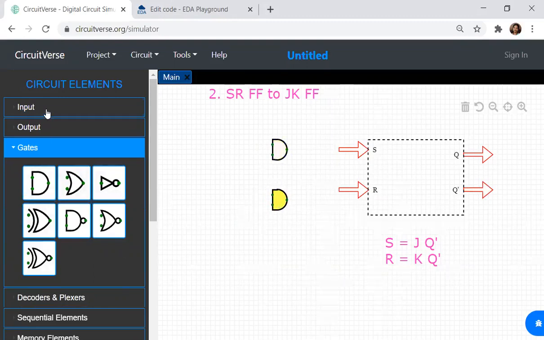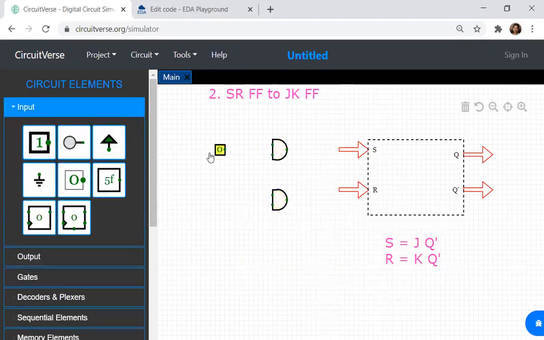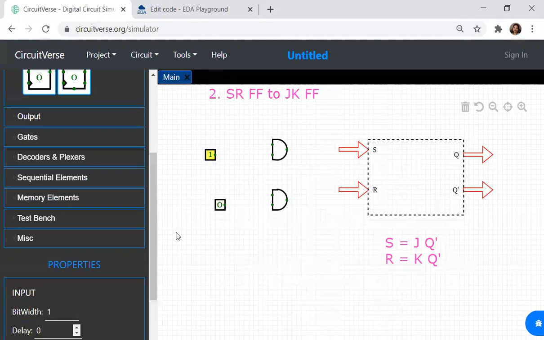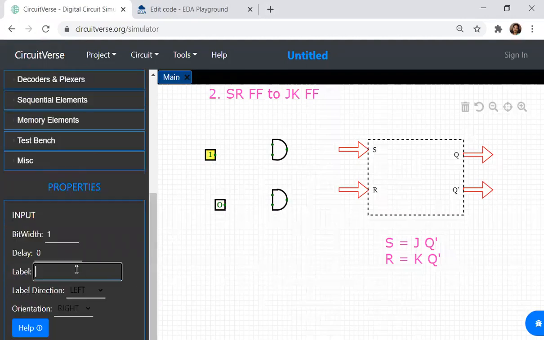So one of my inputs is J and here one of my inputs is K. This input is J. The other input is Q bar, and this one is K into only Q. I don't have a bar over here.